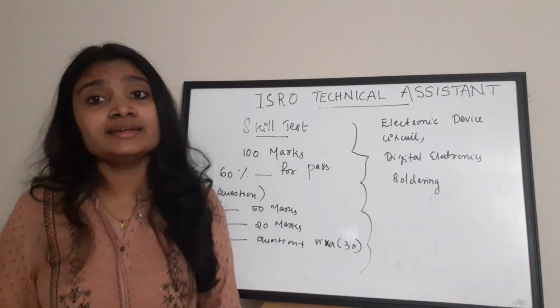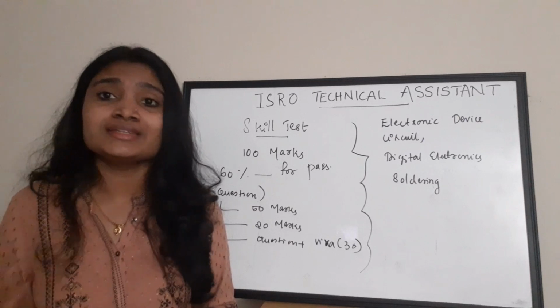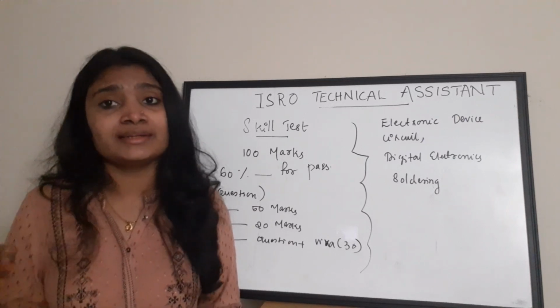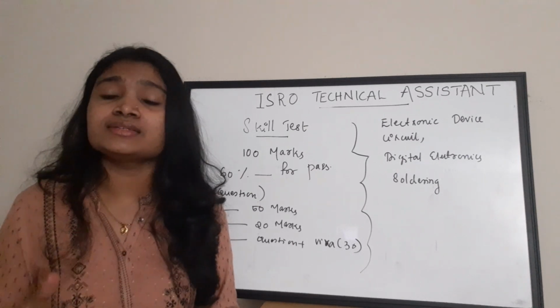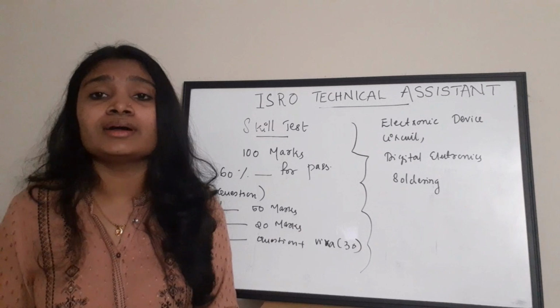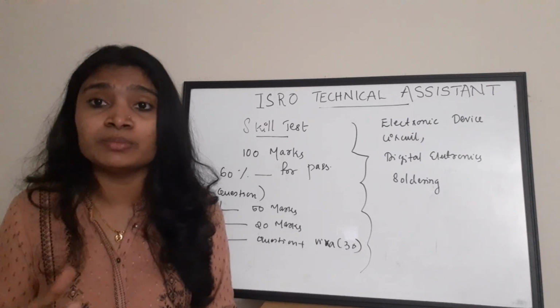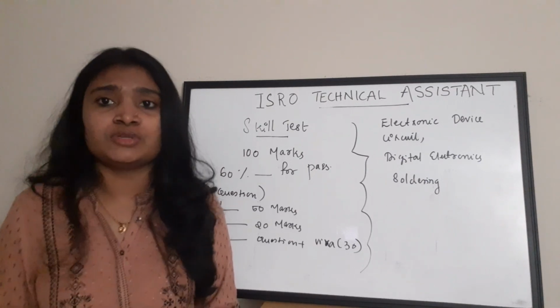Now this skill test is actually something like a practical examination. So as I said earlier, in your college also there will be a practical examination after the written test, right? So likewise, this skill test is for analyzing or examining your practical knowledge. That is how much you are capable to produce something productive in the laboratory or lab.